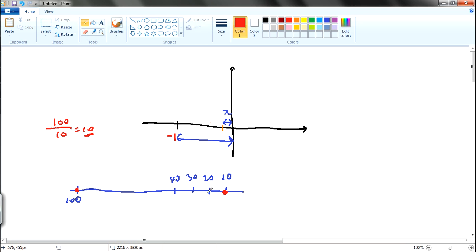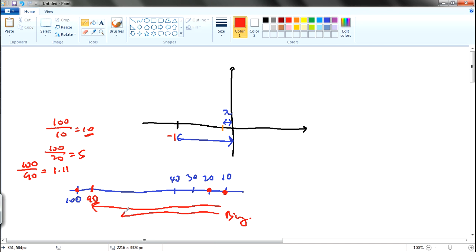Okay. So if let's say you are at 20 now, you are actually 5 times away, right? If you are at 90 now, so 100 divided by 90 is equal to, what do we have? You're actually 1.11 times, so you're getting nearer. So you're from some big values reaching towards the value of the limit.